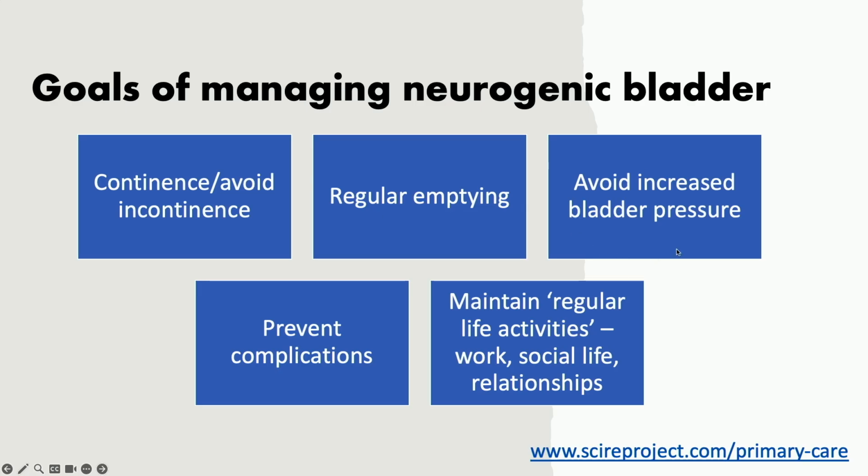And then to avoid increased bladder pressures, which applies to the upper motor neuron bladder. And then avoiding and preventing complications. And ultimately, to maintain a regular lifestyle so that you're not always focused on emptying your bladder.